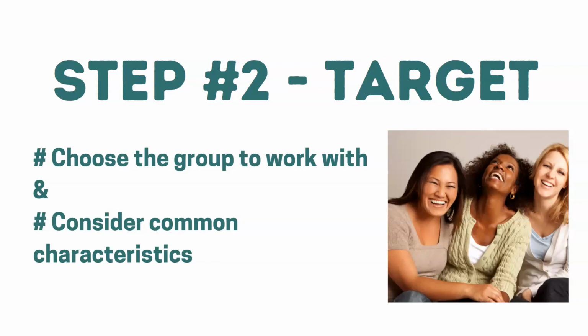Or you might even narrow it down to say you want to solve the problem for BAME women over 50, or for refugee women over 50. You might want to solve it for single parent women over 50 who are unemployed, because then you are getting into very classic and specific types of problems that those target groups face.